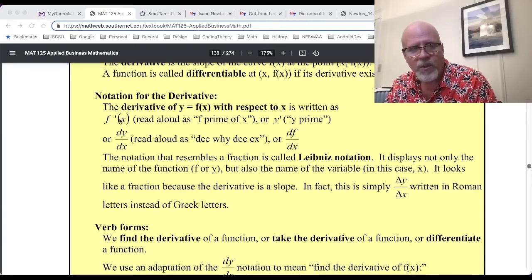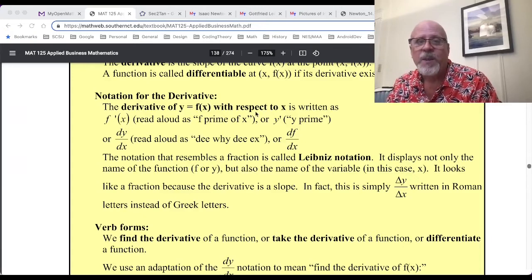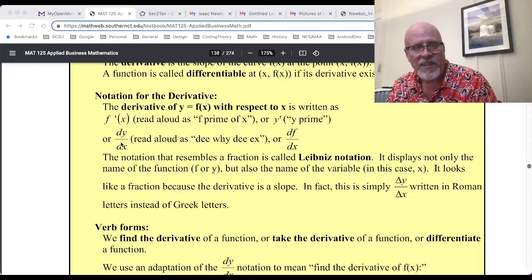You just read it in line. You say f prime of x, or if it's y prime, y prime. The other one, you read it as dy dx. Don't need to pronounce the fraction bar. Do you remember when I said that the delta y over delta x version of things was like the change in y over the change in x, and that delta was a precursor to our modern d?